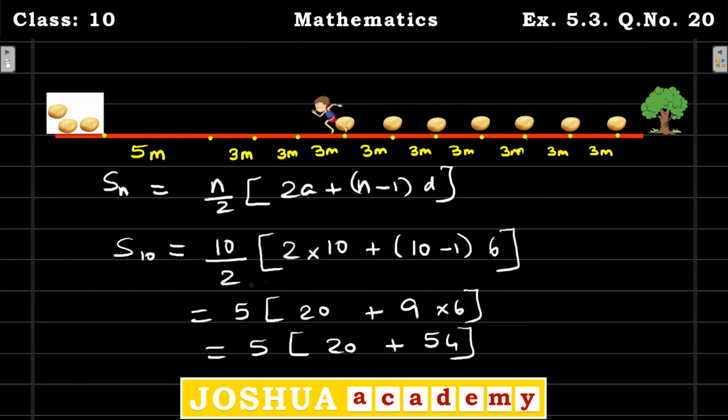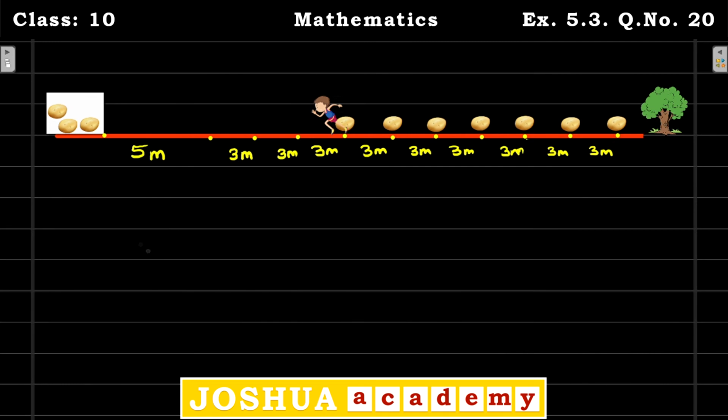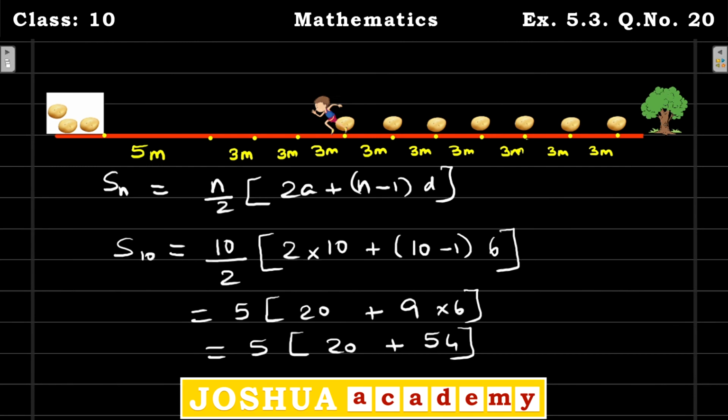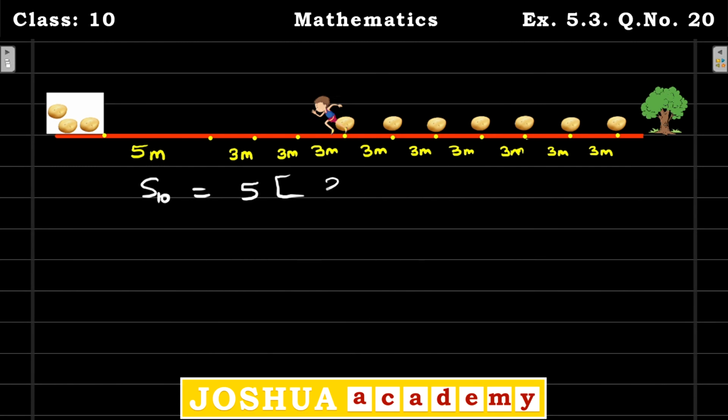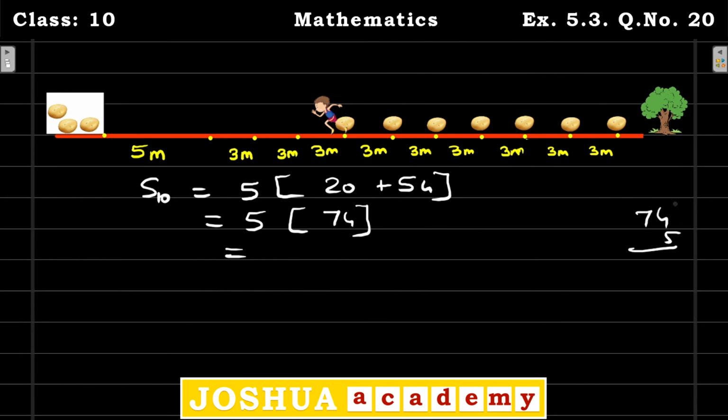Now we add this in the next step. S10 is equal to 5 times 20 plus 54. So I rewrite the same here, 20 plus 54, then come to the next line. In this case 20 plus 54 is 74, and multiply here. You can do it separately. If you are good in mathematics, you can do it directly, but I prefer to go this way. 4 5s are 20, and 2 here, and 5 7s are 35 plus 2, 37.